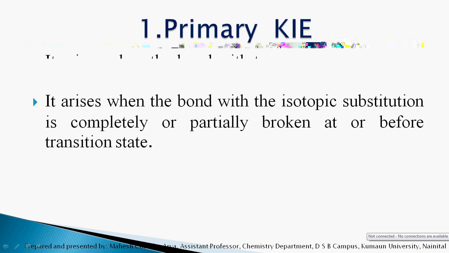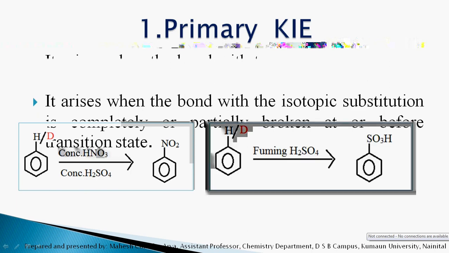That means a bond undergoing cleavage is isotopically substituted under two different conditions of a reaction. Here are some examples of primary KIE. This is the example we had discussed. Both are electrophilic substitutions of benzene, and in both cases it is the isotopically substituted bond which undergoes cleavage.